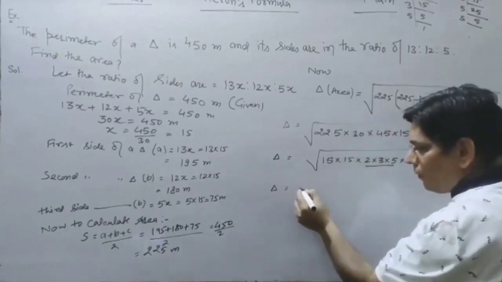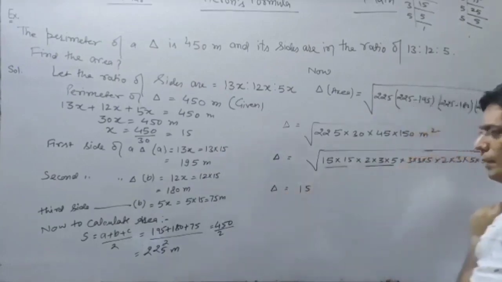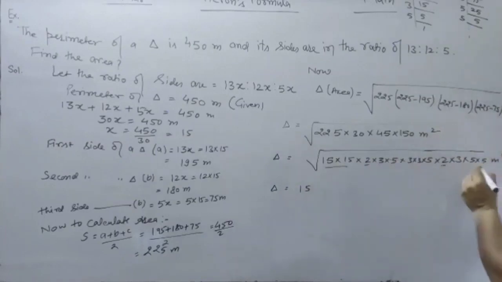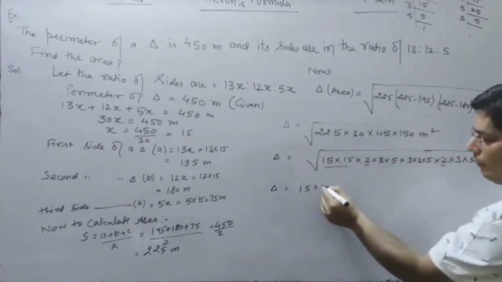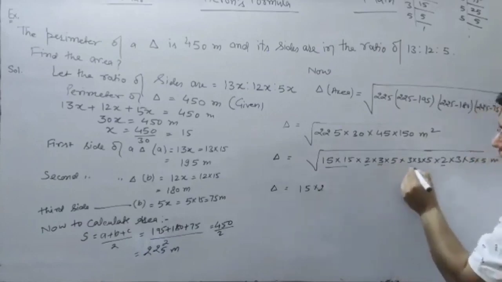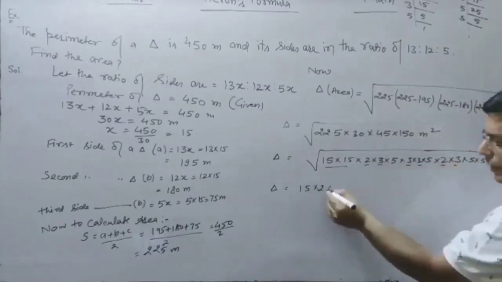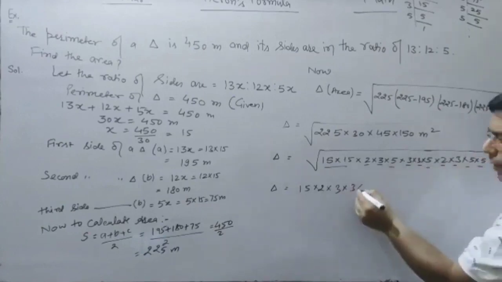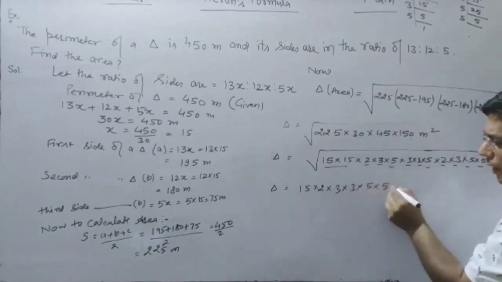Now from the pairs, 15 will come out once. Calculate the value of 2: it occurs 1 time. 3 occurs 2 times, and 5 occurs 4 times, that is 5 into 5, 2 times.